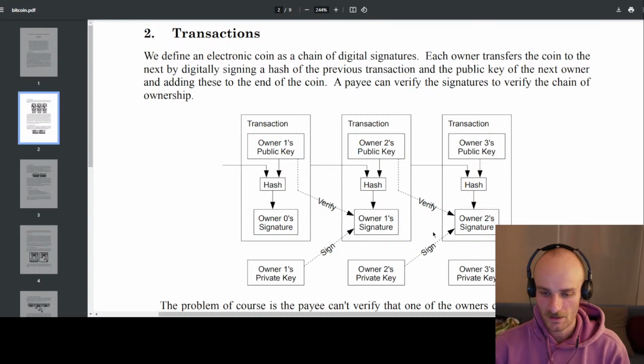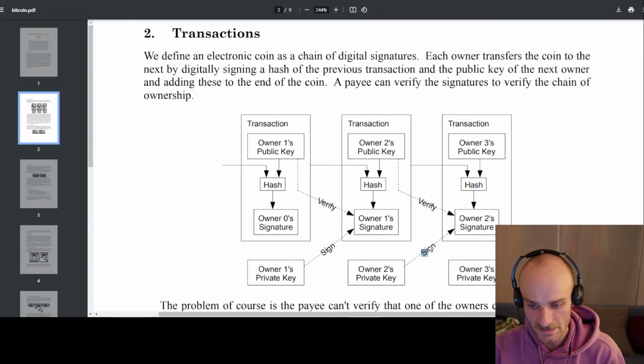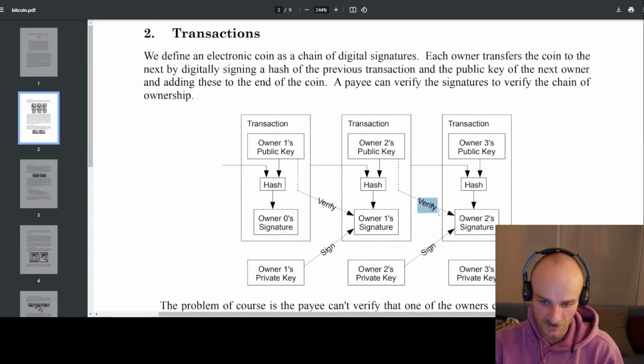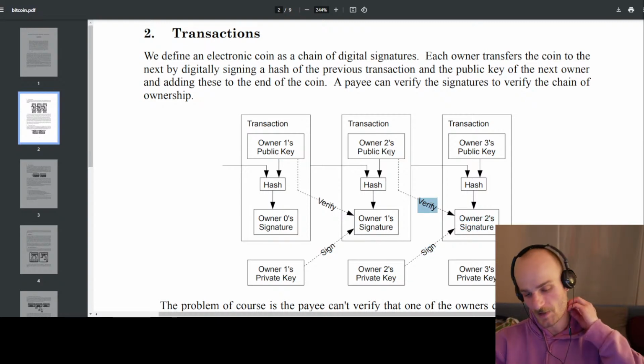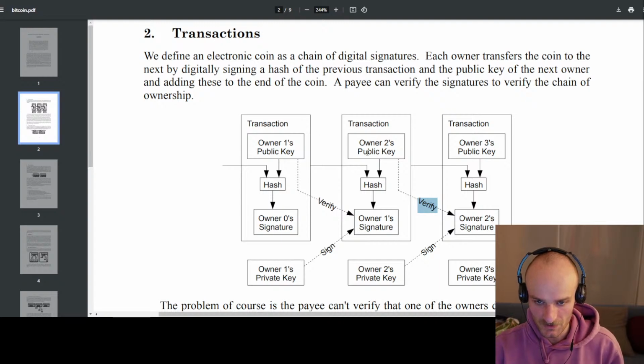Therefore, there isn't only the problem that once a transaction is signed with a private key, the only verification is doable with the public key of this owner. So there's a double hash protection, because the token that owner 2 can use is hashed with his public key, the public key that he provided to owner 1.